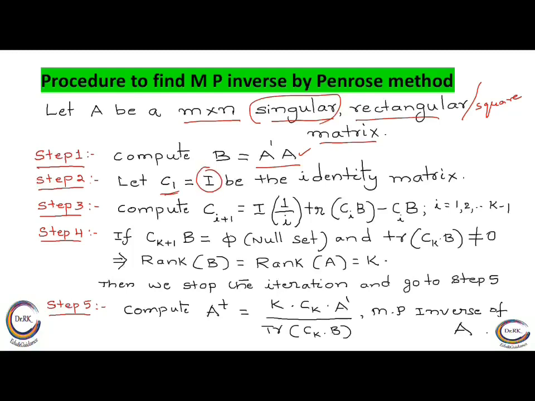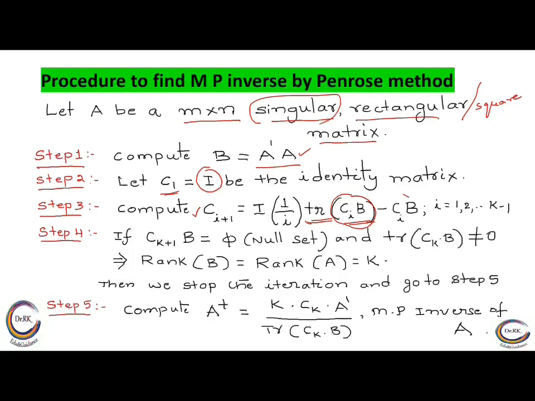Then we compute C(i+1) for various values of i, incrementing i: C(i+1) equals C_i into 1 by i into trace of C_i B, minus the matrix C_i B. Trace means the sum of diagonal elements of the matrix C_i B. So i equal to 1, i equal to 2, like this we continue.